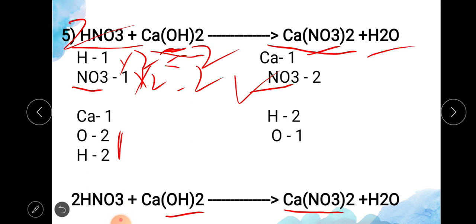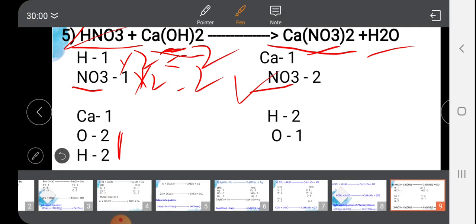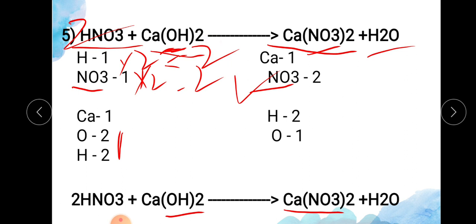Now the question arises: this 2 hydrogen and this 2 hydrogen, the number of hydrogens becomes 4. But here hydrogens are only 2. Calcium 1, okay. Oxygen also 2, but here oxygen 1 only. Hydrogen 4 here, but here 2.